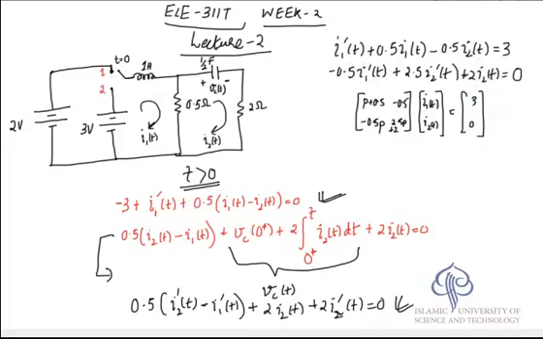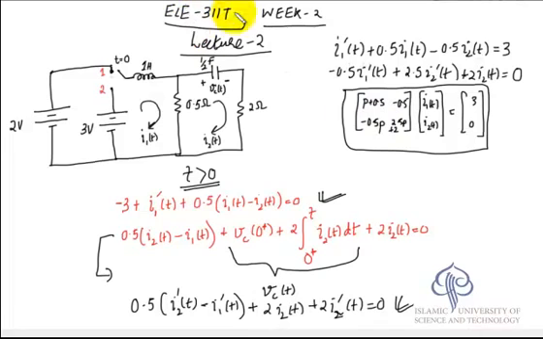So once you have written this, it is very clear that you have reduced the circuit behavior after t greater than 0 to a differential equation form. So you know clearly now how the circuit is going to behave.